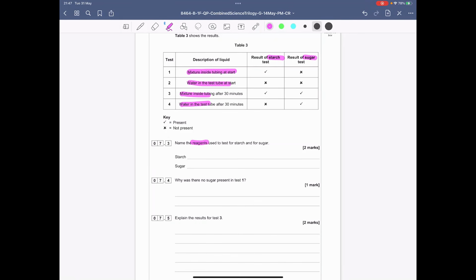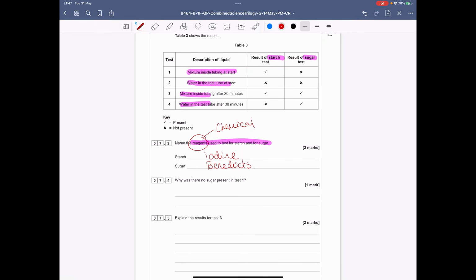It then says name the reagents used to test for starch and sugar. Reagents, just a fancy word meaning what chemical do you add to it. Now, testing for starch, this is just your food tests required practical. So for starch, we use iodine, which is the orange solution. And then for sugar, we use the blue solution, Benedict's.